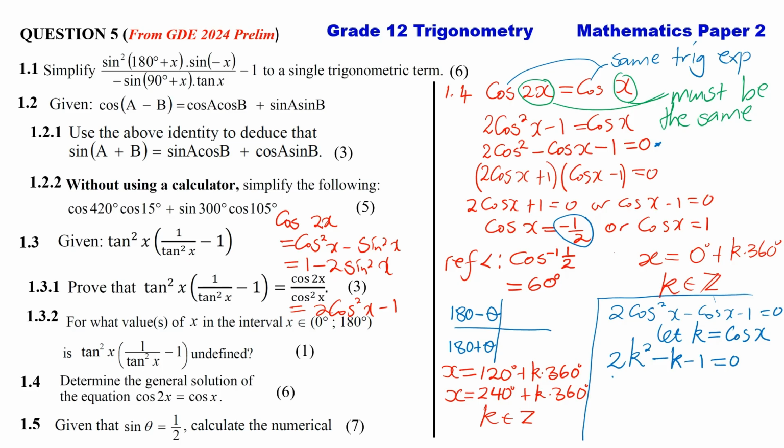And remember, when I solved for cos x is equal to negative 1 over 2, when you determine the reference angle, you don't put the negative, you put the positive 1 over 2 to get your reference angle. Then the negative sign is there to tell you the quadrant from which you must read your answers. That is number 1.4, general solutions solved.